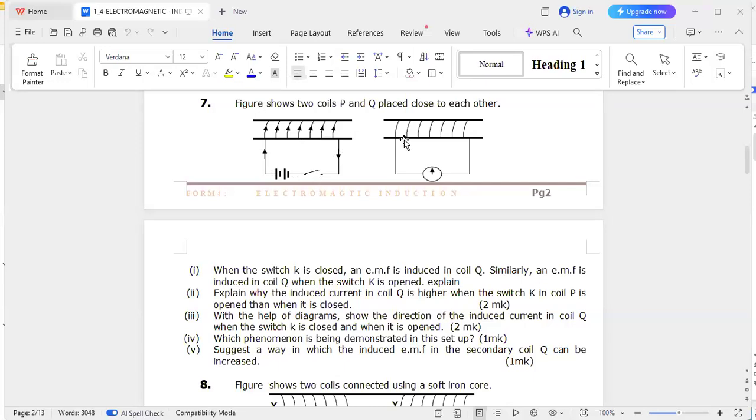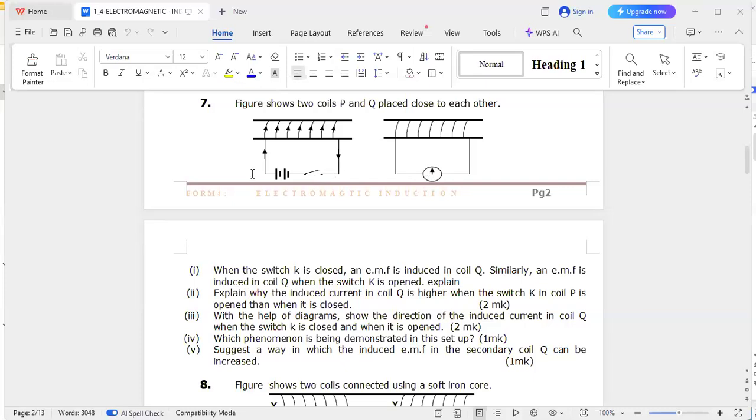This causes an EMF to be induced in Q. Then on the other hand, when the switch is opened, current drops from maximum to 0, causing a change in the magnetic flux linking P and Q. Hence, a current is induced. So we will see a deflection in this galvanometer. But during opening, it deflects in the opposite side as during closing.